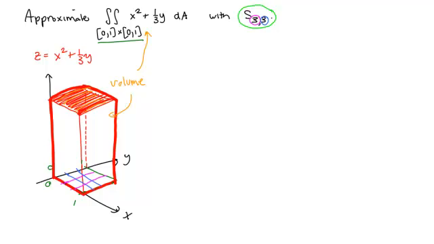In each one of these rectangles, we will take a sample point, say this point right here. We'll find where that sample point goes up on the function, right here. And then instead of using the curved surface of the function, we'll replace it with a completely flat piece at exactly that height.